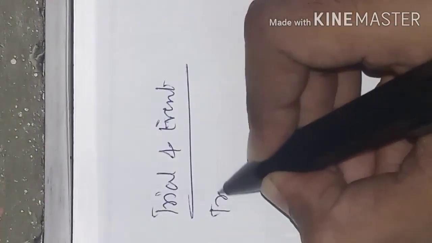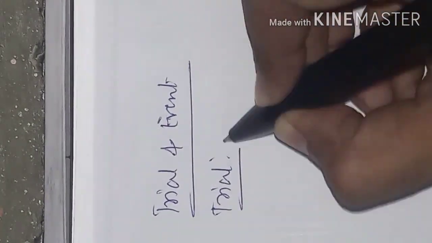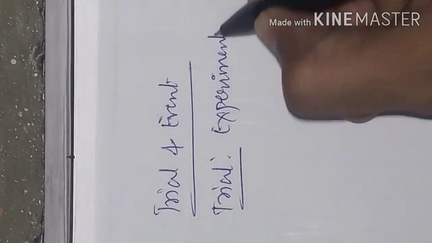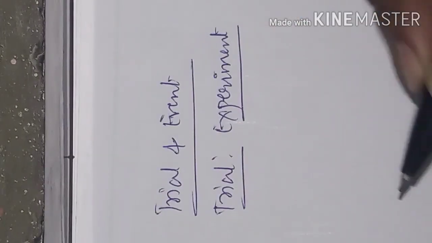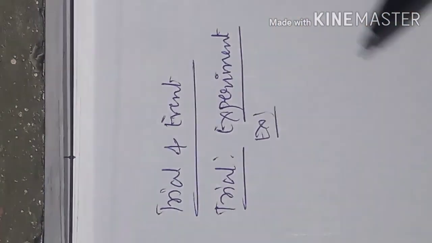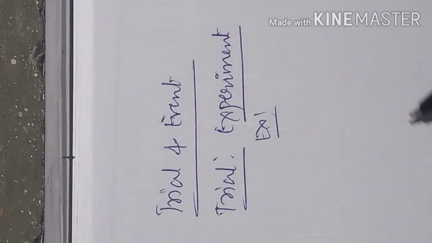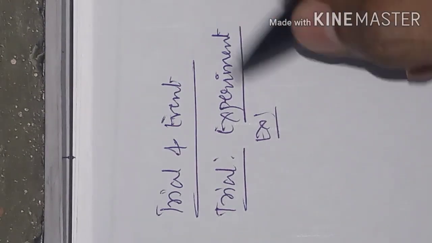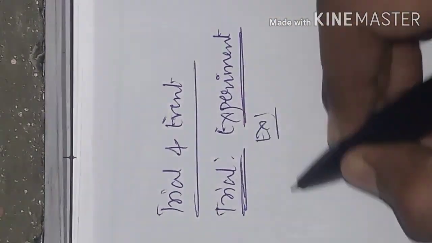Now what is a trial? Actually, trial is an experiment. For example, rolling a dice, or tossing a coin. We are doing an experiment, so that is called a trial. What is an event?